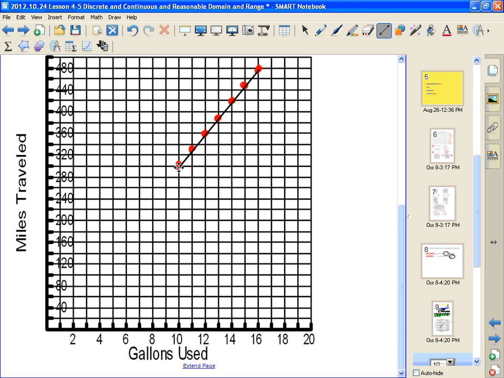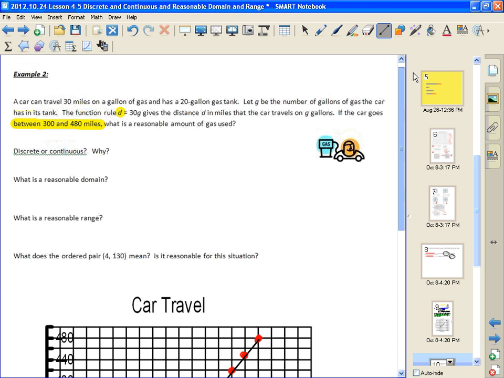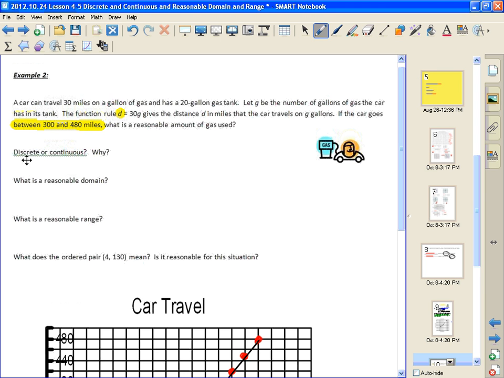So because we connected them and said that those numbers in between the dots are okay, that makes this a continuous graph. And the reason is that it is okay to have half gallons.